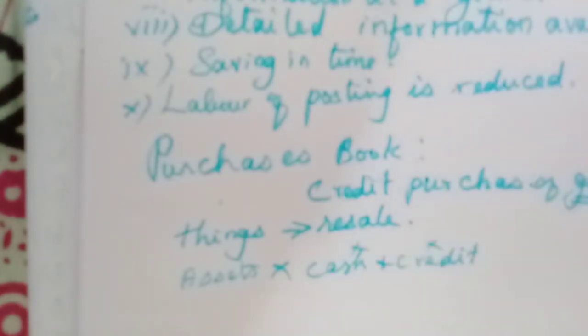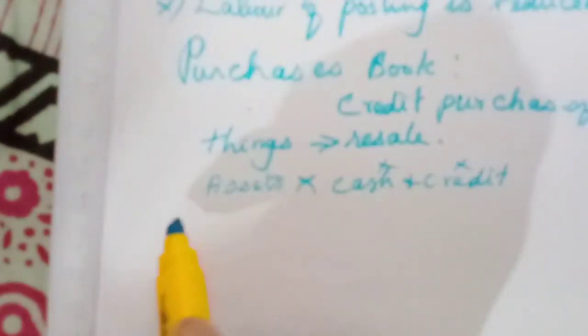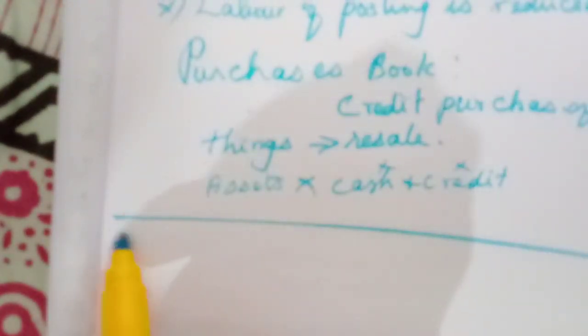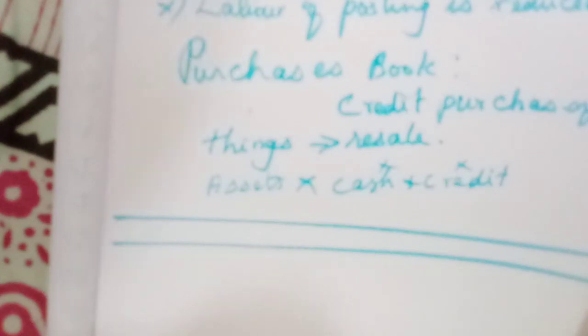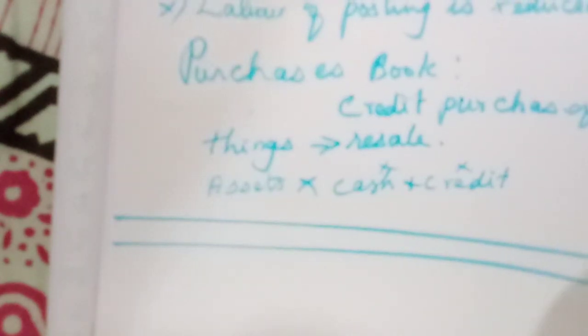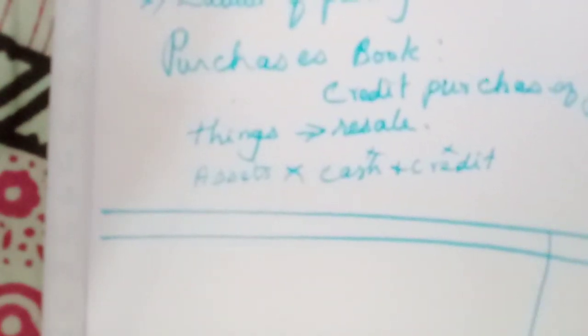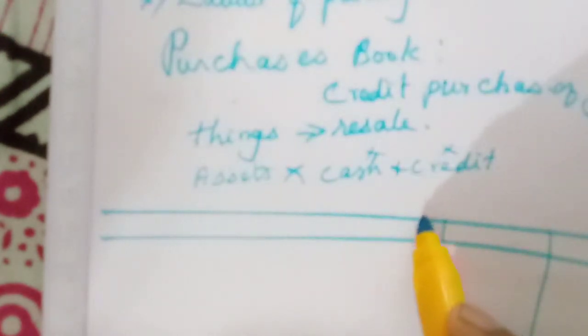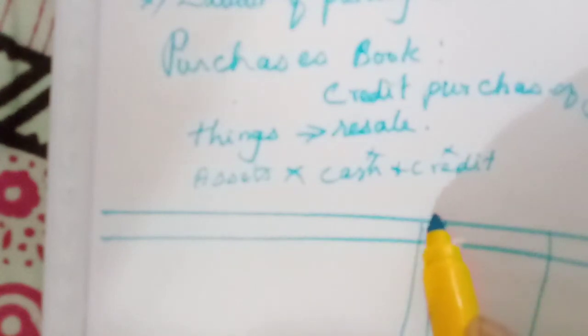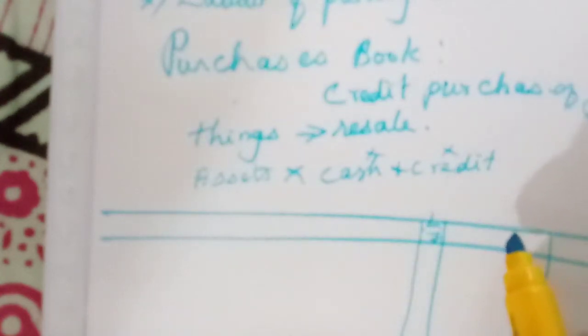Now we will learn the format of the purchases book. Here we need only one page. Here we have two amount columns, isn't it? Two amount columns, then one LF. One is for details and the other is for total, both in rupees.